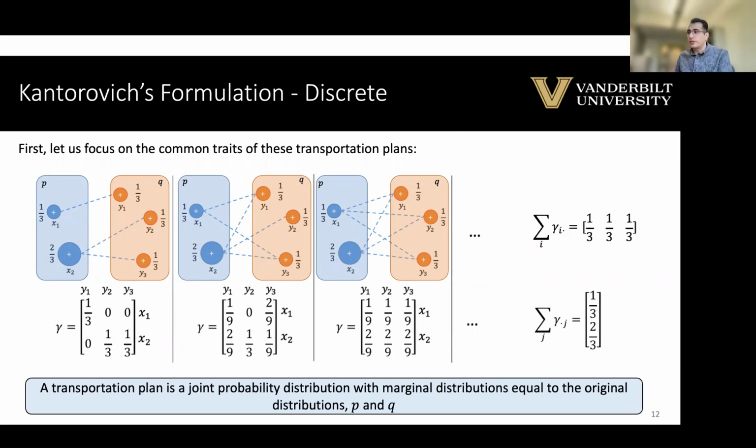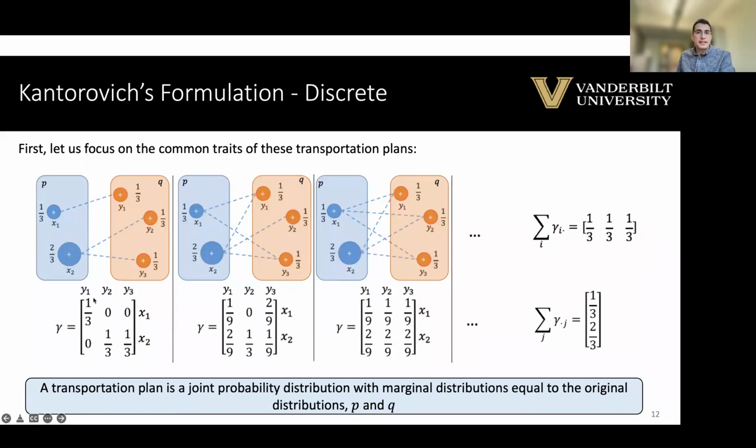And then we will move on to the continuous Monge and then continuous formulation of optimal transport. So we looked at a lot of the different types of transportation plans. Let's first focus on the common traits of these transportation plans. What are the characteristics that these transportation plans must have?